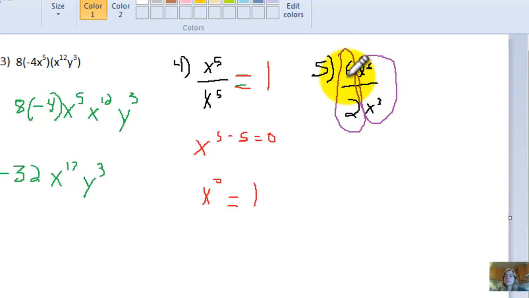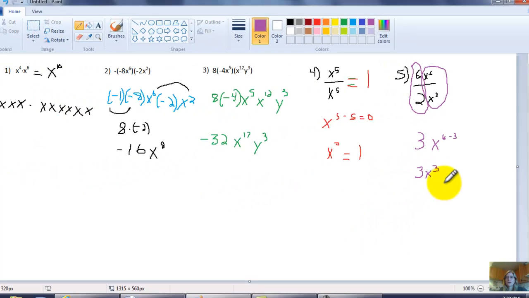For numbers, you simply divide. So 6 divided by 2 becomes 3, and then x is 6 minus 3, so the answer is 3x to the third, and it is done for that.